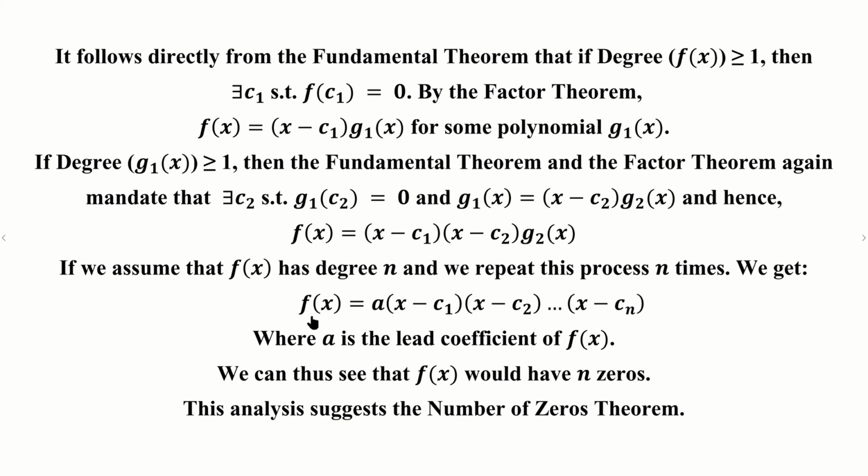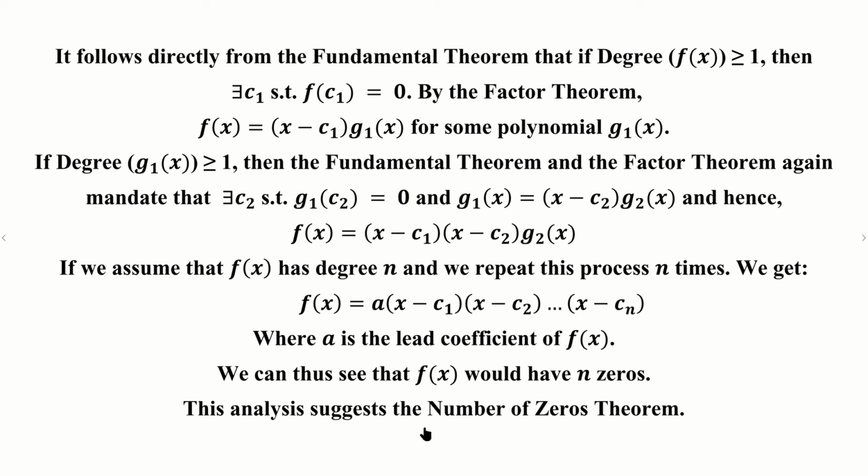So we get f of x equals a times quantity x minus c1 times quantity x minus c2 all the way to quantity x minus cn, where a is the lead coefficient of f of x. So this basically tells us that f of x would have n zeros.